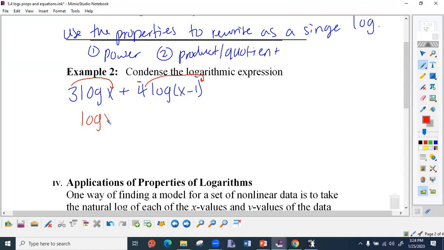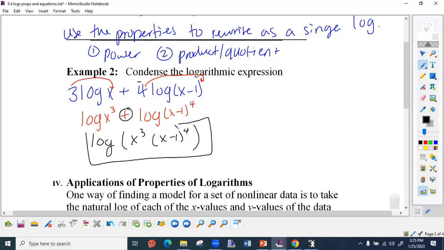So we have log x to the third plus log x minus 1 to the fourth. After you do that, you ask yourself, is this product or quotient? It is product because it is an addition. So when I consolidate to one log, it's going to become x to the third times x minus 1 to the fourth. And that is your consolidation.